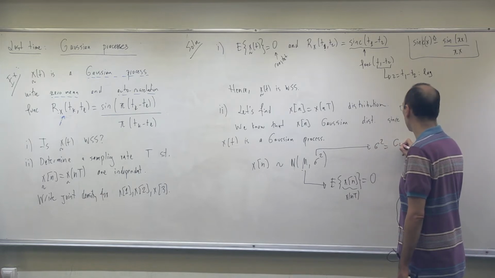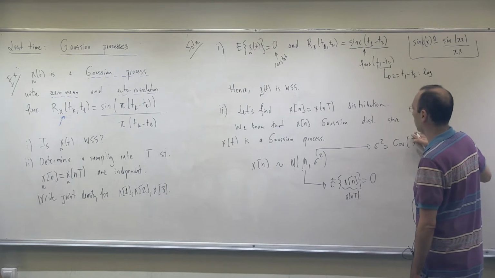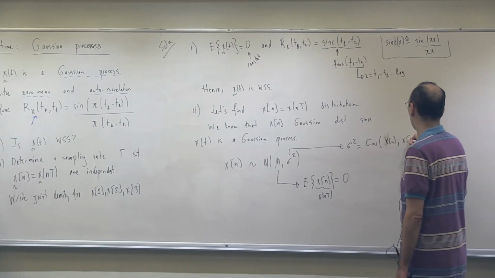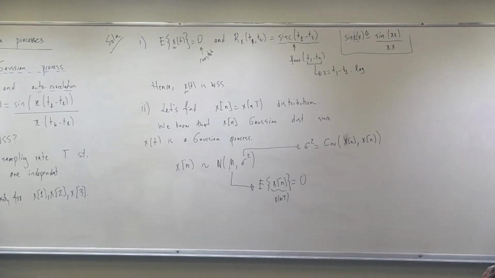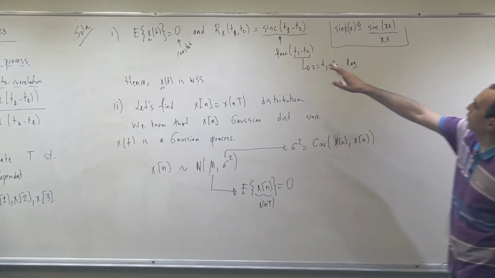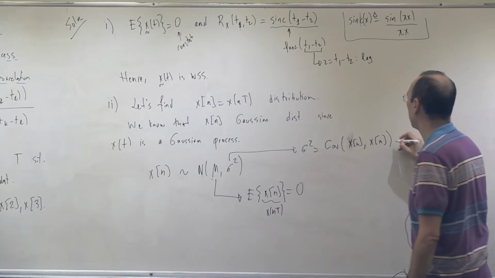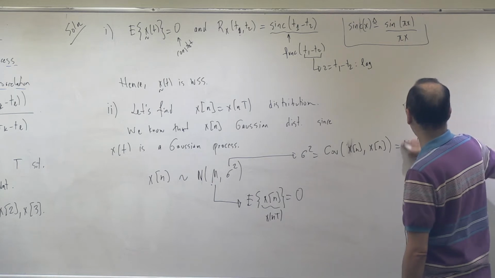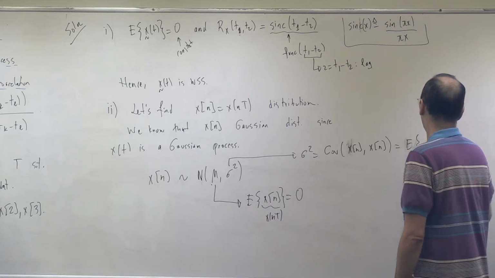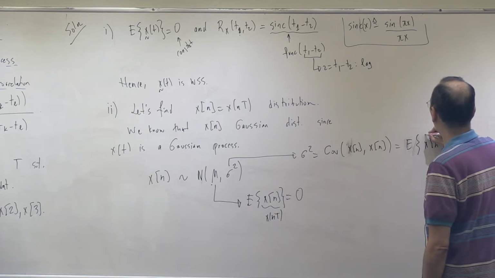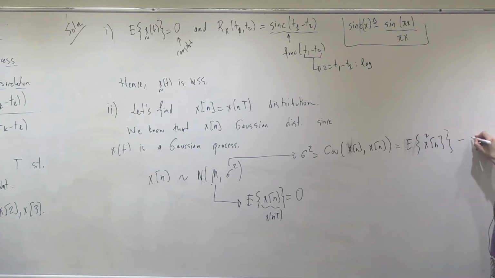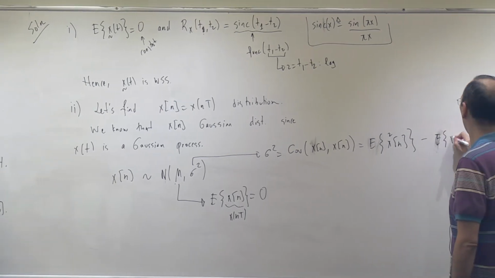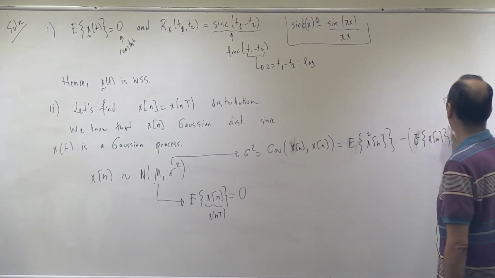So can I write this as the covariance of x of nT with x of nT? So I have the autocorrelation function. So this is equal to the expected value of x of nT squared, minus the mean squared, minus 0. Or let me write the expected value of x of nT, parentheses, squared.